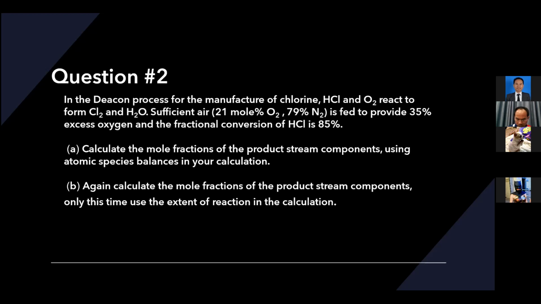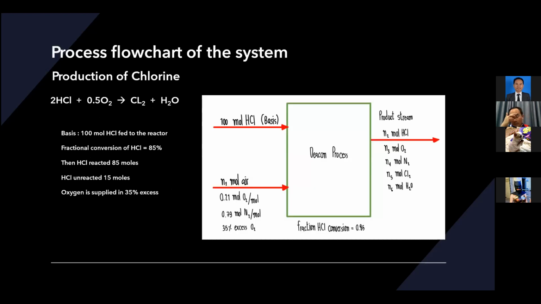Then for the first question, here is the process flow chart of the system. 100 moles of hydrochloric acid enter the process with an unknown number of moles of air. The fractional conversion of hydrochloric acid is equal to 85%.